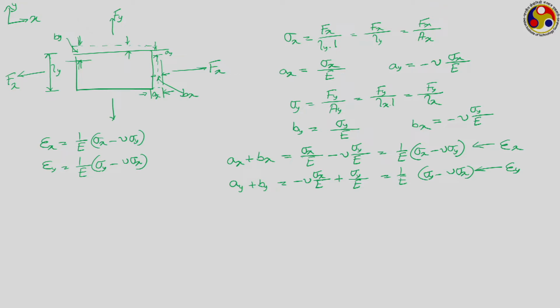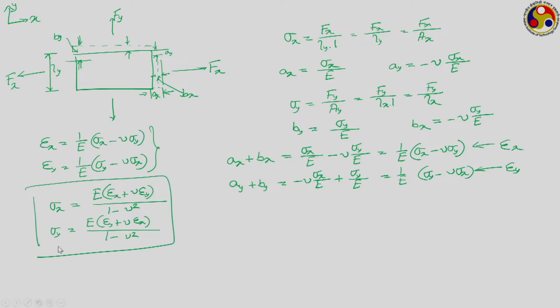However, if our interest is to know the stresses, then these are two equations which can be solved to get the two unknowns sigma x and sigma y, and I am leaving the solution to you, but if you solve this, you will get that sigma x and sigma y will be coming something like E into epsilon x plus nu into epsilon y by 1 minus nu square, whereas sigma y will be coming as E into epsilon y plus nu into epsilon x by 1 minus nu square.